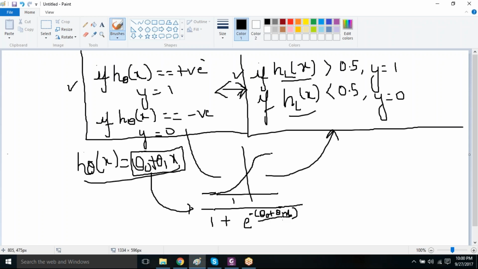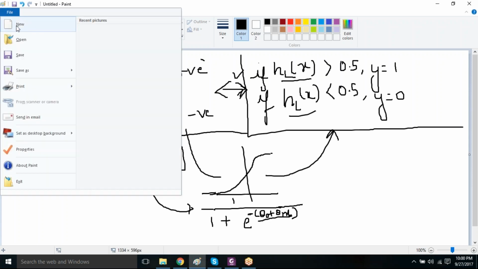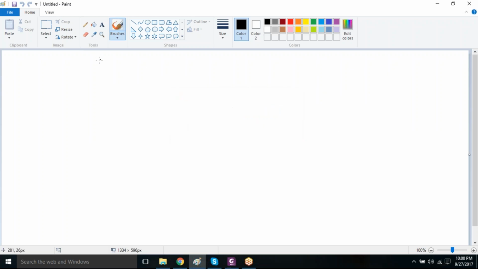And then the value which comes, you just make it e raised to the power minus this. Good enough? Okay. Now we will analyze this function mathematically.